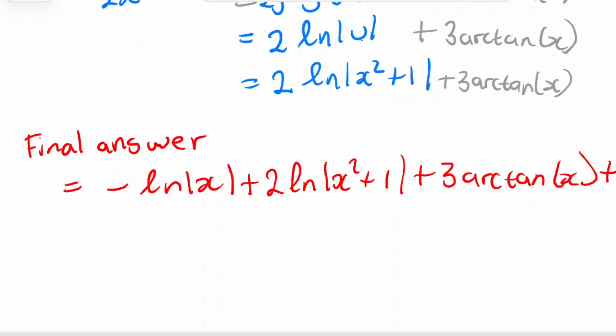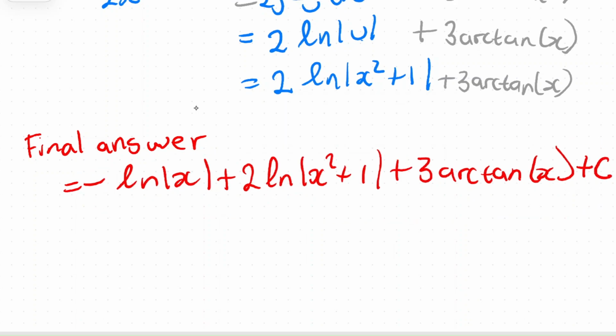That is the most important thing. And I'm not really sure if you can see it, so I'm just going to move it a little bit. Plus c. And that is the final answer.